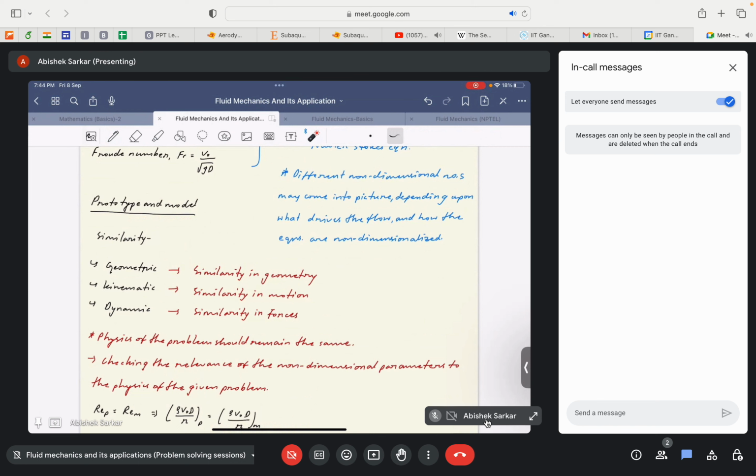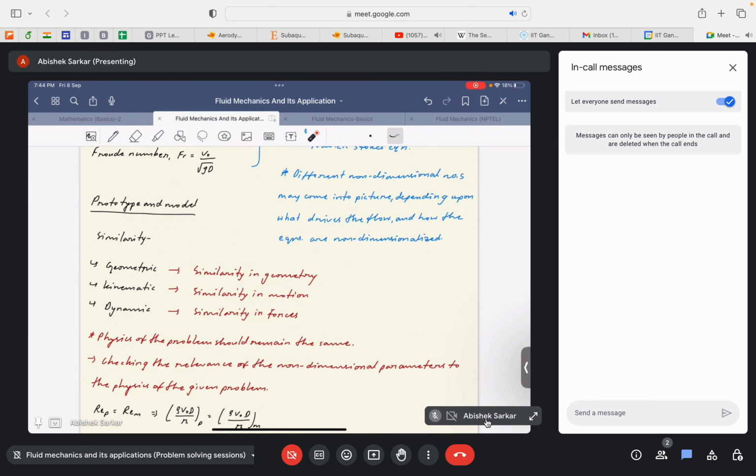That's again a very challenging thing. So in order to tackle that problem, the engineers and researchers came up with the concept of a model.